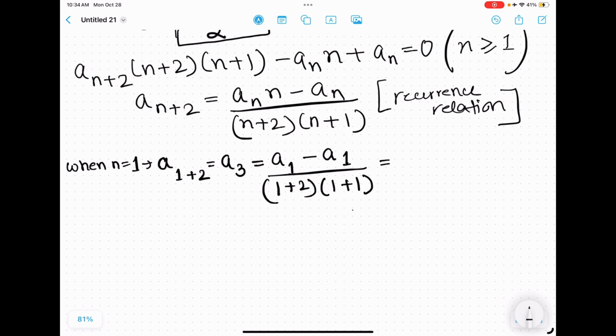And I can see that in my numerator, it's a 0. Okay, so I can tell that my a sub 3 is basically 0.